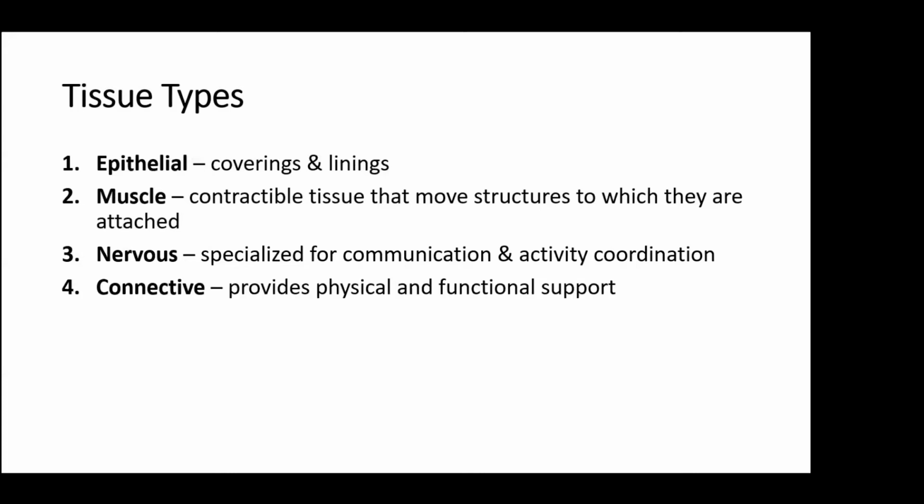And finally, we'll see connective tissue, which provides both physical and functional support. So we'll see that connective tissue physically holds the body up. And we'll also see types of connective tissue that provide functional support to the body, like blood. Blood is actually a type of connective tissue whose job is largely to carry oxygen.